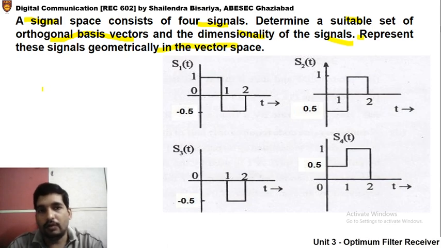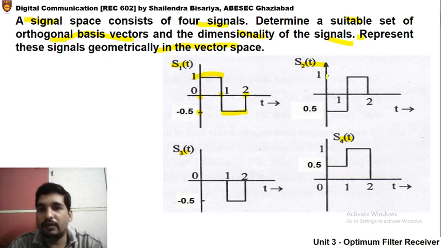The representation is required for the four signals shown here, s1(t), s2(t), s3(t) and s4(t). Let us first see the waveforms. s1(t) has amplitude 1 from 0 to 1, and from 1 to 2 it has value minus 0.5.